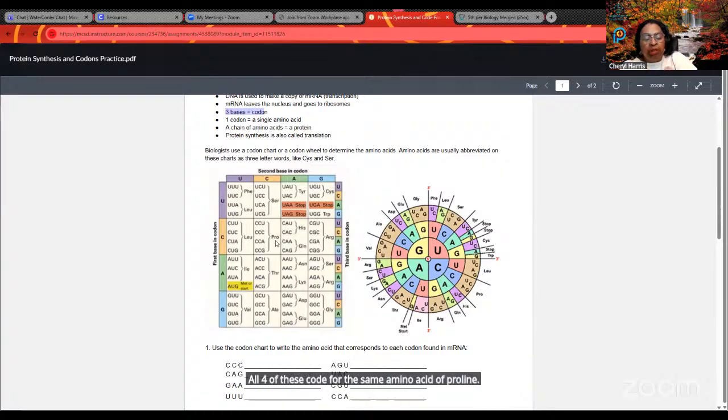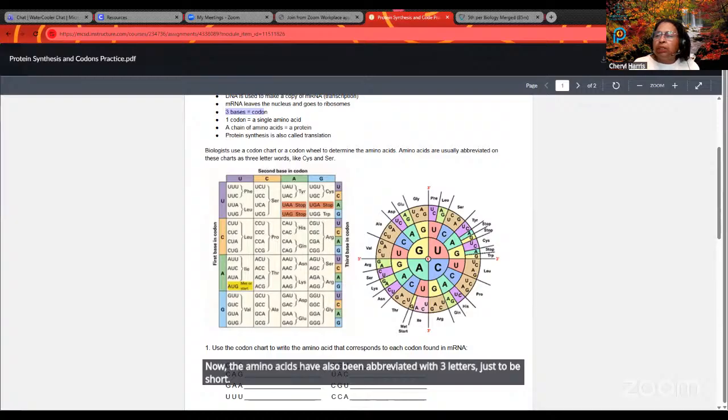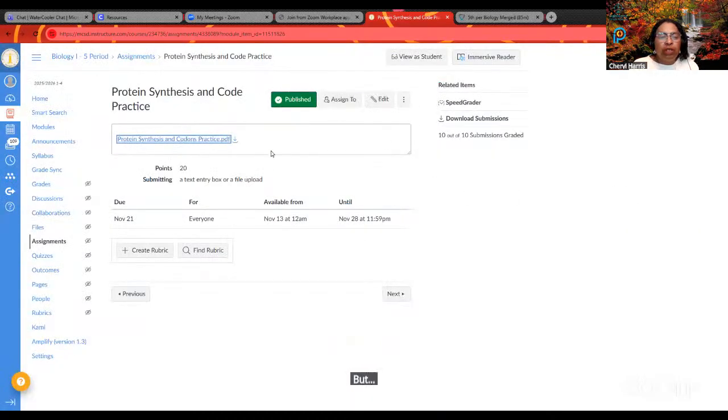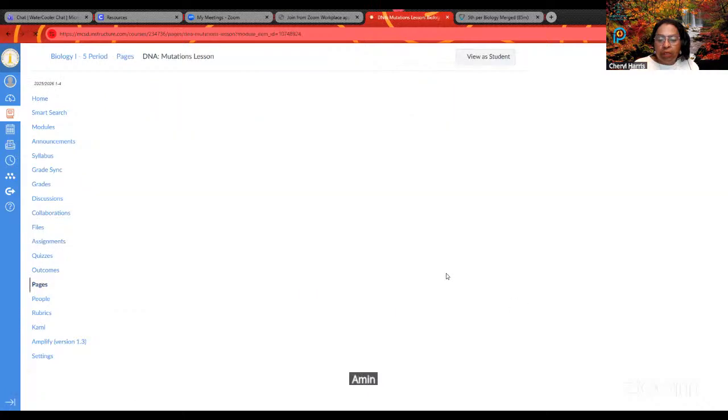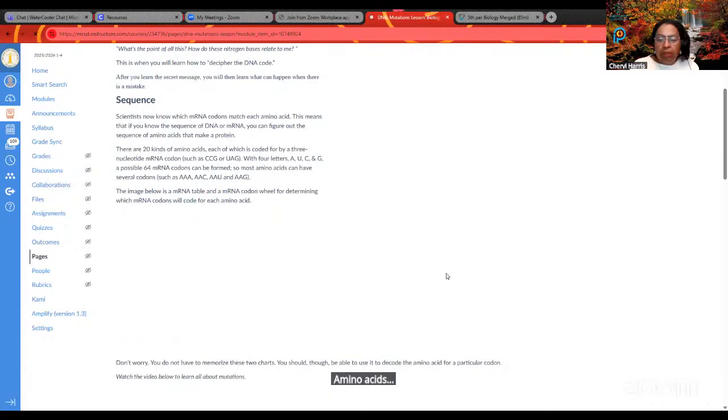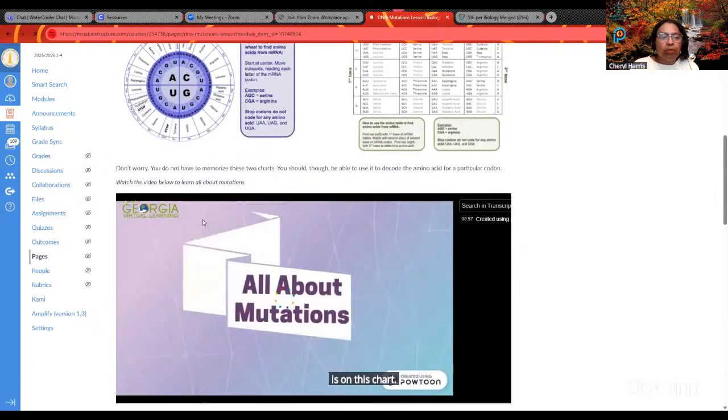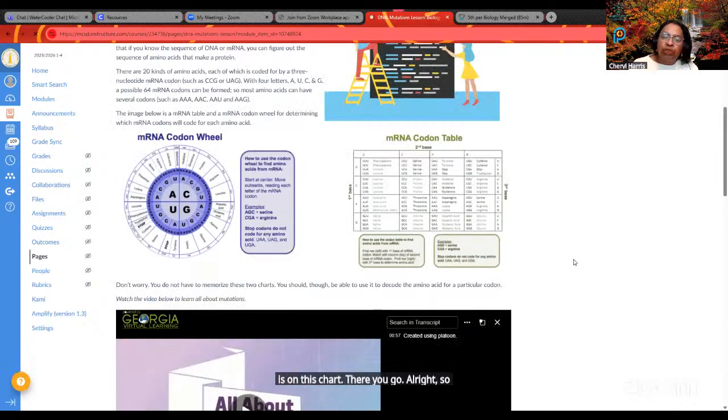Now, the amino acids have also been abbreviated with three letters just to be short. The full names of the amino acids are written out on this chart, but most of the time they abbreviate them with a three-letter code.